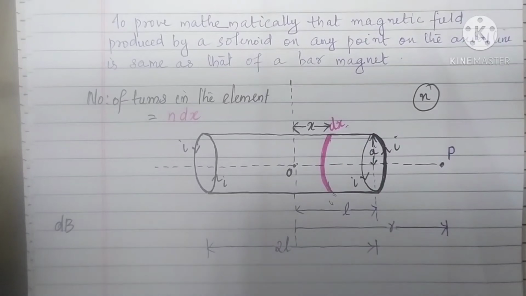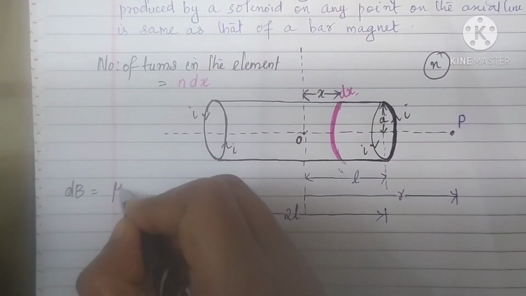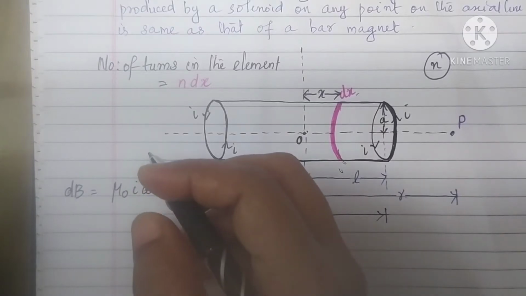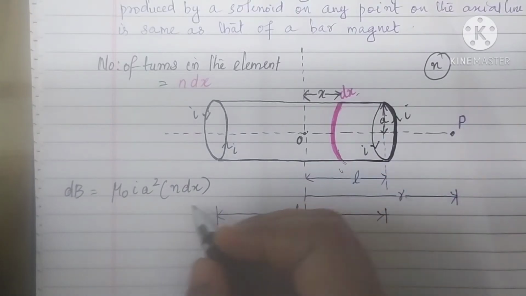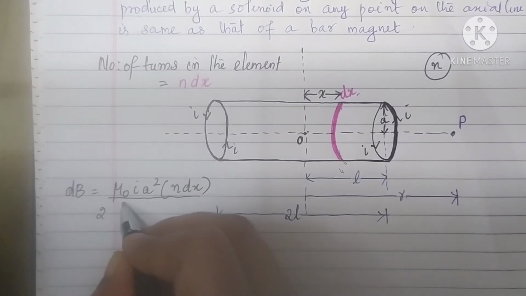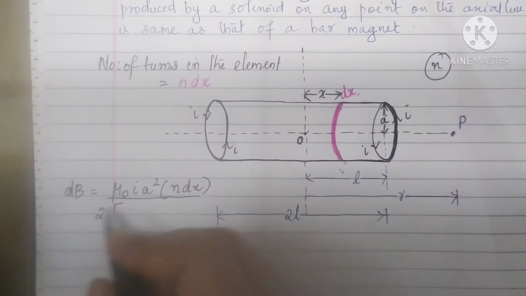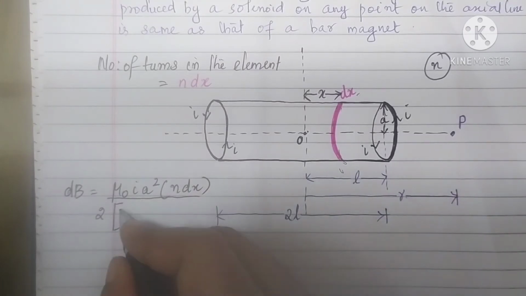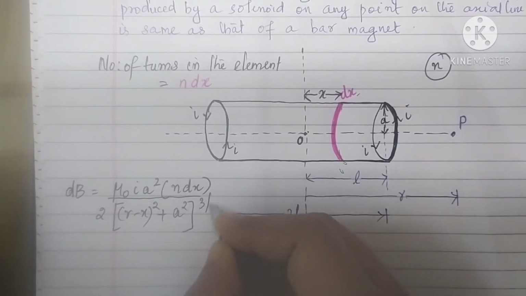The magnetic field dB must be equal to mu naught I a squared, and for the small element the number of turns is n dx, divided by 2 into, our general expression, r squared plus a squared the whole raised to 3 by 2.